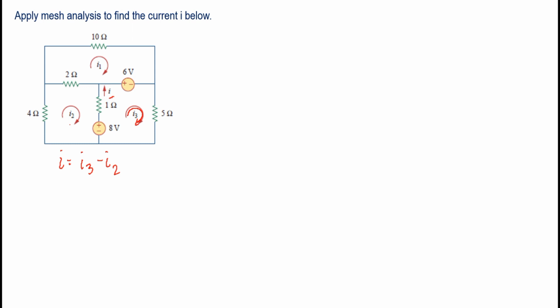Then let's start with creating the mesh equation starting with I1. Let's start with the voltage source. Our current leaves the voltage source at the positive side, so this is 6 minus our 2 ohm resistor, through which I1 and I2 pass: I1 minus I2, minus 10 ohm multiplied by the current that flows, which is only I1, equal to 0.